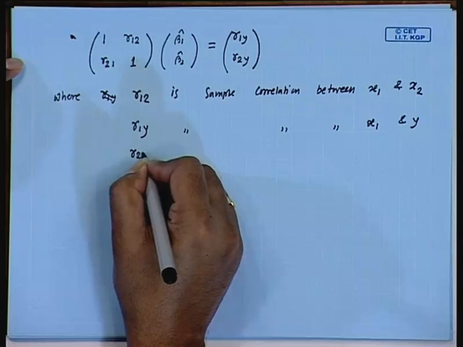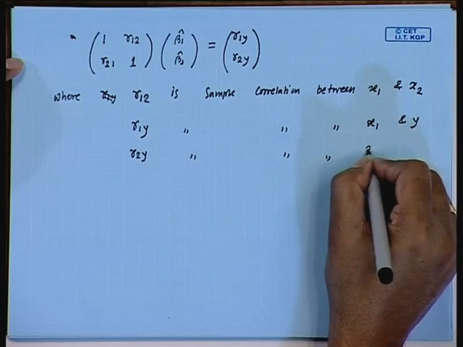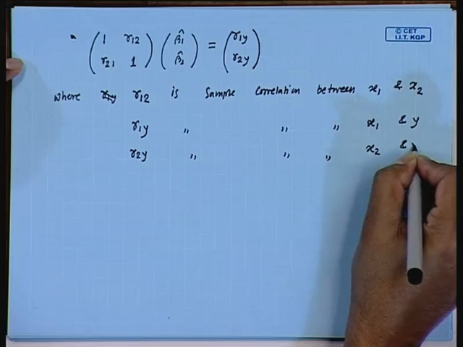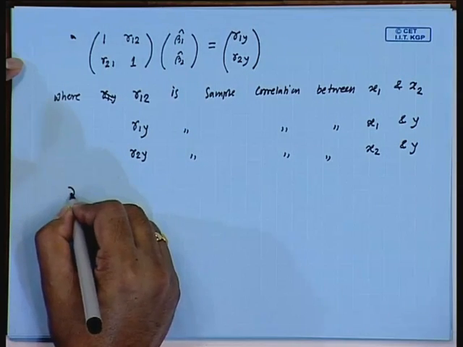Similarly, R2y is the sample correlation between x2 and y. So, what is this formula of R1y?